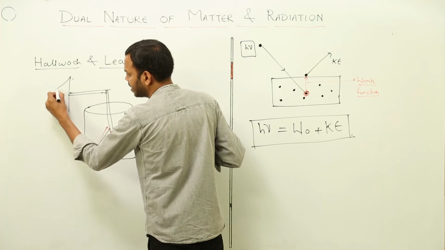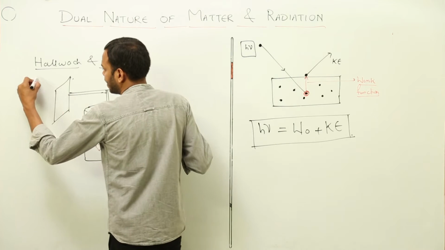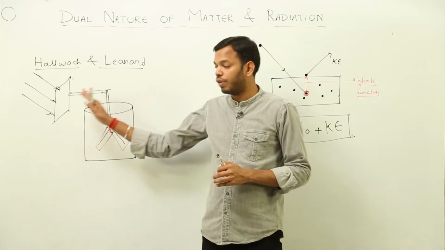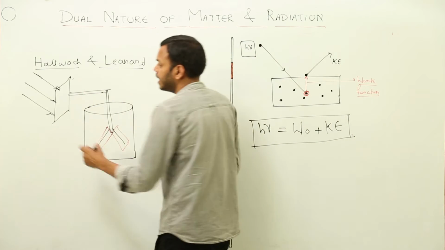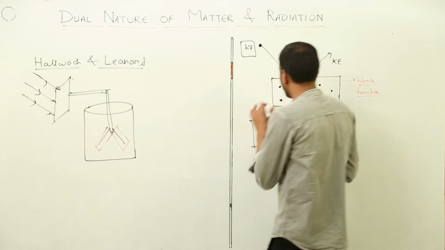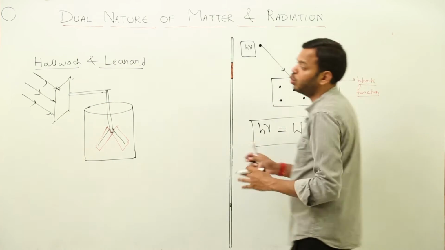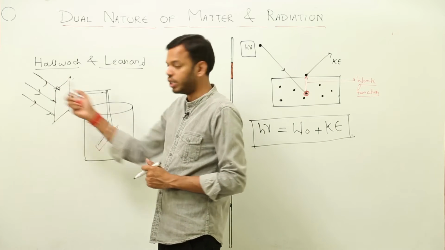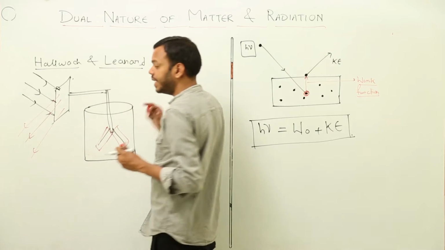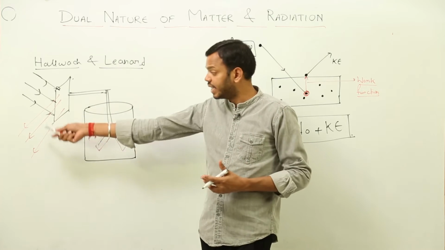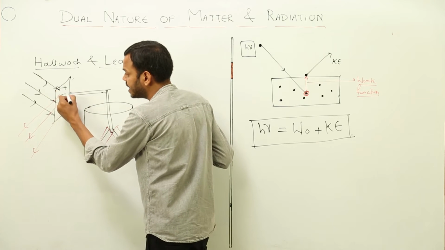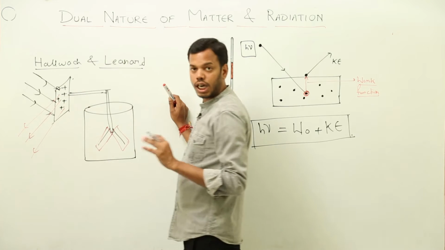They used a metal surface and they bombarded it with high frequency light. What they expected out of this experiment was, when this high frequency light is incident on this metal plate, the free electrons are going to capture the energy of incoming photons and get liberated out of the metal surface. When this happens, since the negative charge has left the plate, it is left with all the positive charge.